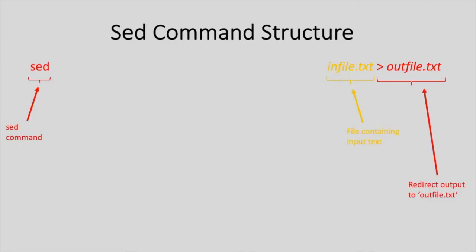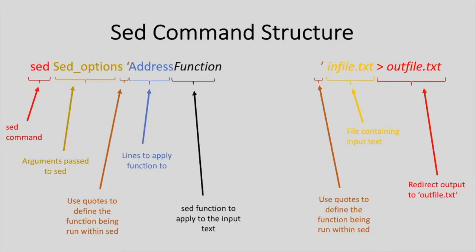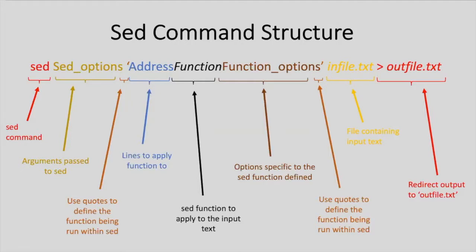Now we'll work on filling in the middle. This is the part that specifies what edits you want sed to make to the input text. A generic structure for this section of a sed command is first, possibly some options that are associated with sed itself, and then an expression that consists of up to 3 items: an address, which is optional, a required function, and finally, possibly some additional options that are associated with that specific sed function.